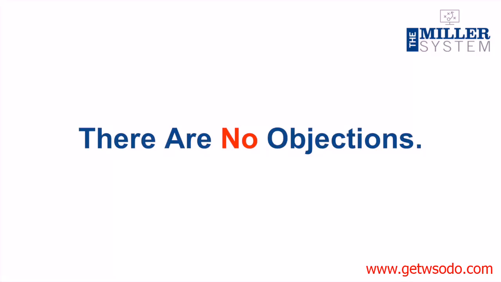First of all, there is no objection. There are no objections. This is my belief. What is an objection? Well, if I take the word object, if you objectify something and you take the object, the first thing I ask you is, where is the object?